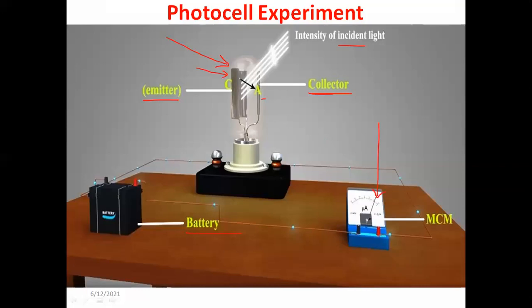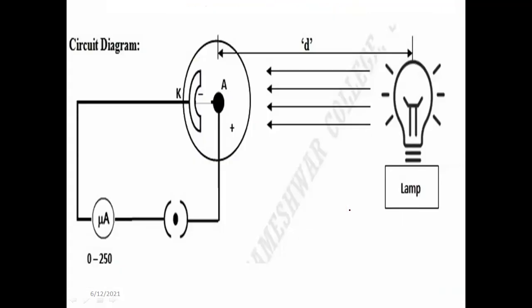We can observe the current depending upon the distance between the source of light and the photocell. So here you have to measure small d, the distance between the photocell and the source of light, and note down the current in microampere. After this experimental arrangement, we have the circuit diagram.